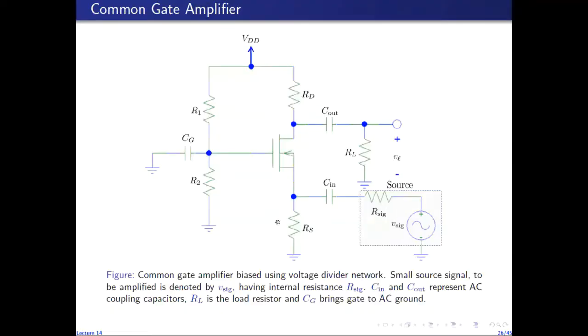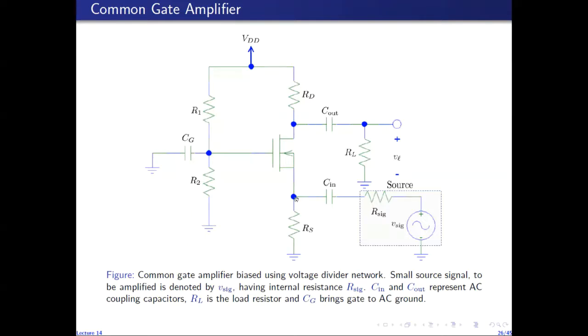Next is the common gate amplifier, and this is the complete circuit of a common gate amplifier configuration. As the name suggests, the gate terminal is common between the output and the input. Because of this capacitor CG, which is of the same order as the coupling capacitors, the gate terminal will be at AC ground and hence will be common between the input and output.